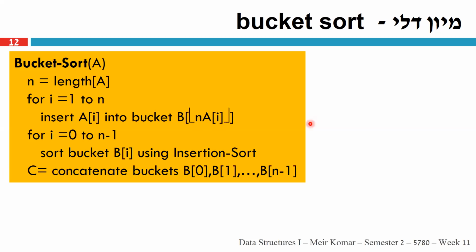That will give us the index of which bucket to put it in. For example, in the previous example, my n was 12. If you take 0.25 and multiply by 12 and take the floor of that, you'll get to bucket number 3. So each value will get into its appropriate bucket according to that computation.